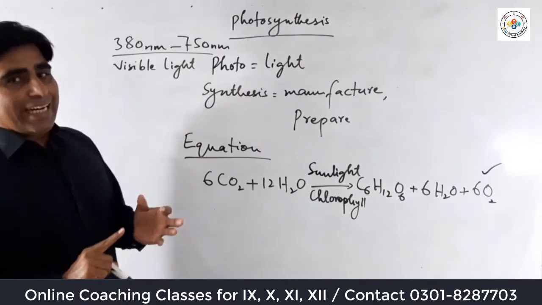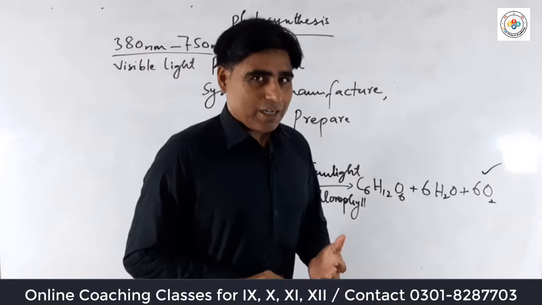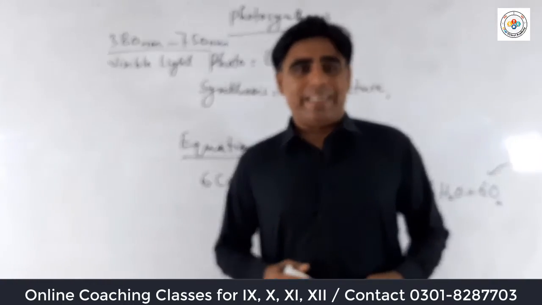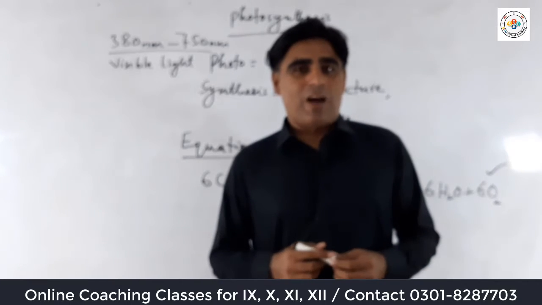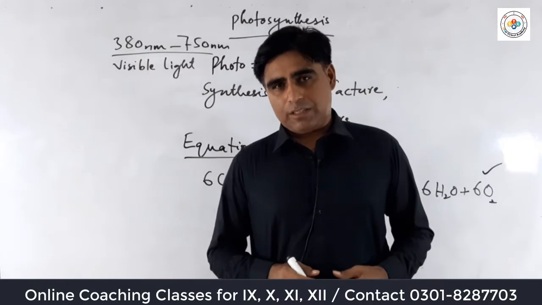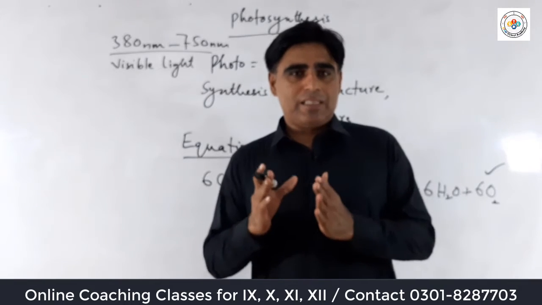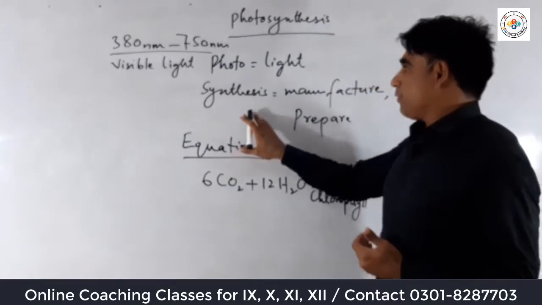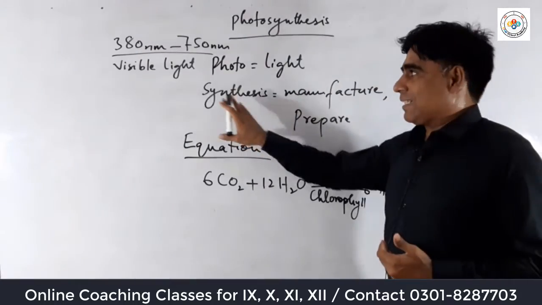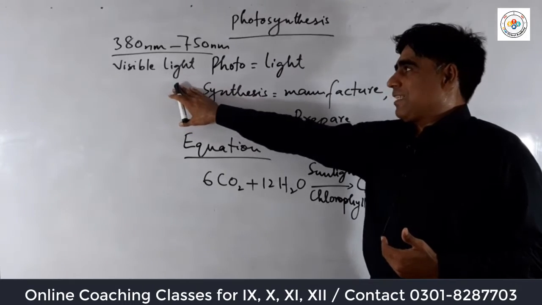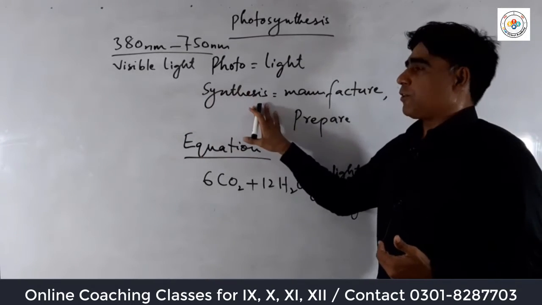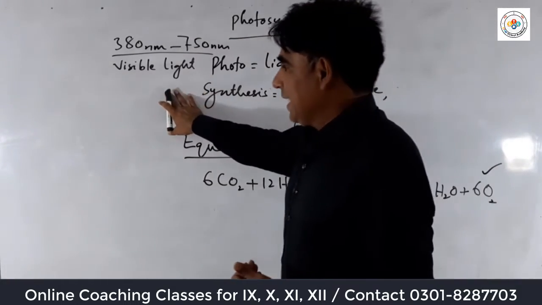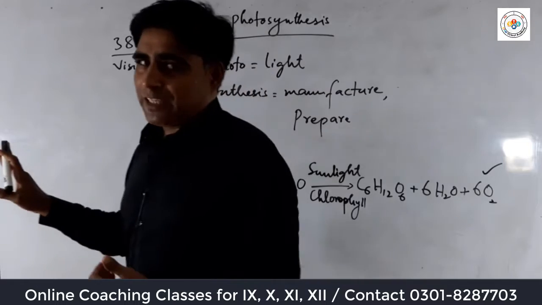Other spectra, like far infrared, ultraviolet radiations and many other radiations, are not compatible with photosynthesis. These radiations may not help photosynthesis to carry on, but the spectrum within this range helps photosynthesis to go on. Visible light contains different spectra.